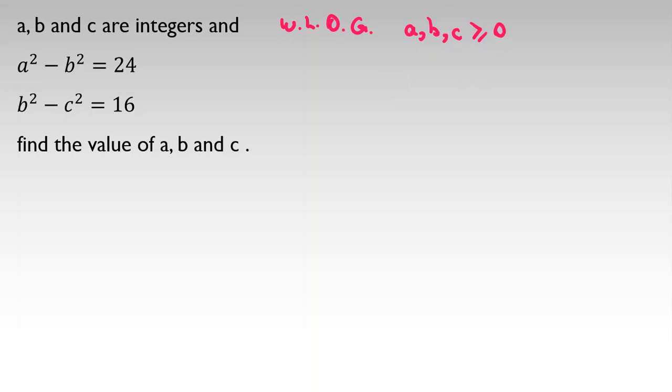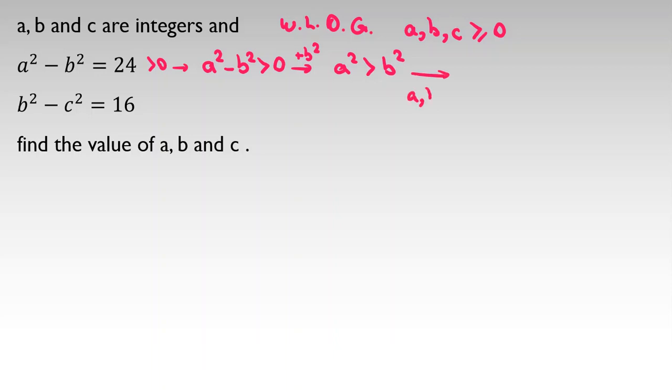Okay, so let's focus on these two equations. From the first one, because 24 is positive, A squared minus B squared is positive. So I can add B squared to both sides, so A squared is greater than B squared.